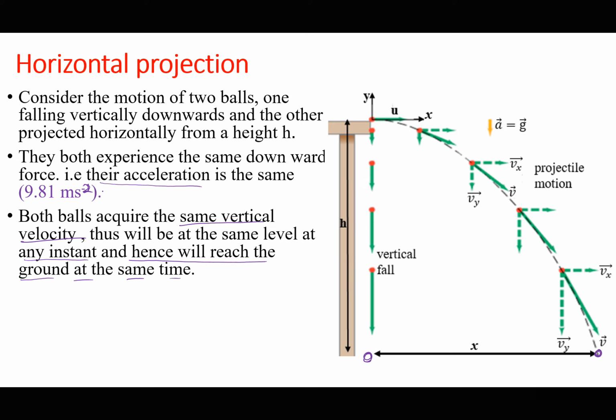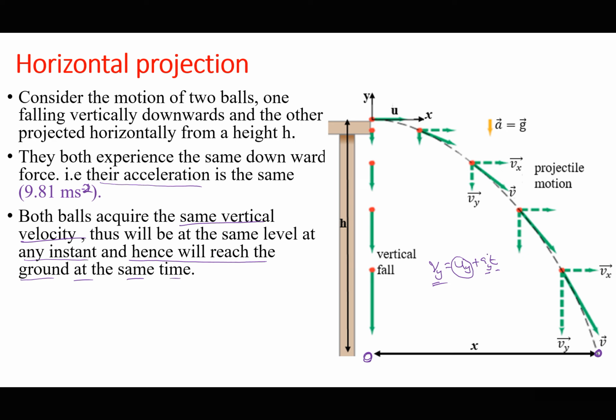And both balls will acquire the same vertical velocity because v in the vertical, we always use y for the vertical, is going to be initial velocity in the vertical plus acceleration times t in the vertical. Initial velocity for the one which was dropped vertically is 0. So the velocity in the vertical for that one is going to be acceleration times t. Of course, they will take the same time to arrive at the ground.